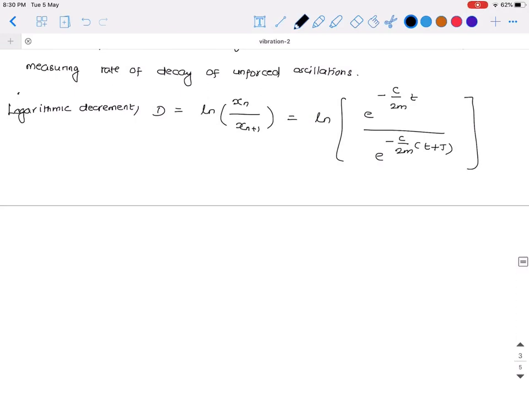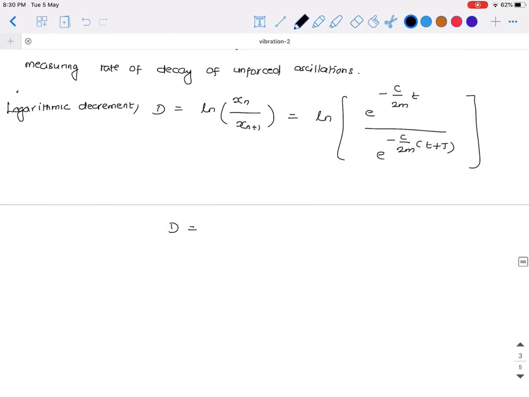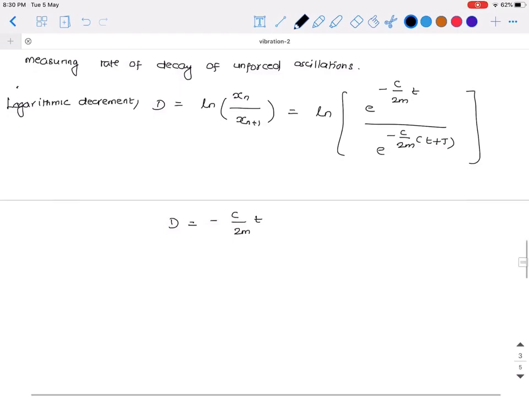Okay, so after some algebra you will get minus c by 2m times t plus c by 2m times t plus T. So the logarithmic decrement is given by c T by 2m.